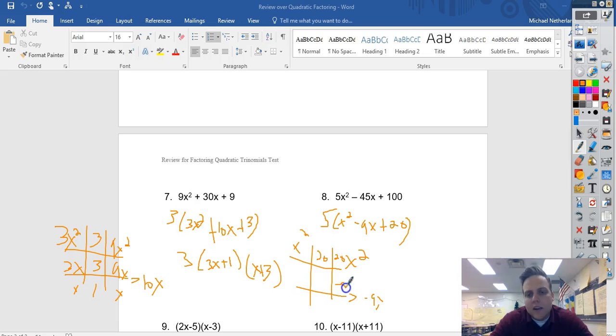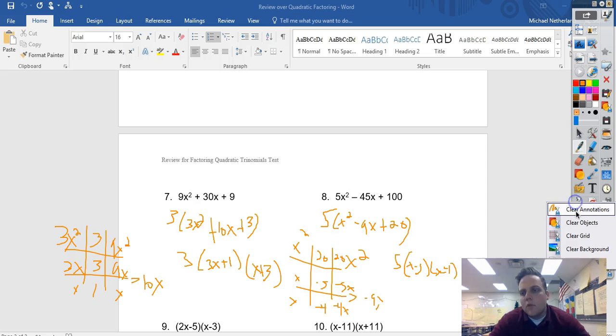Oh, you used negative 5x, sorry that took me long, and negative 4x. You saw that x squared and negative 5x have an x in common. X squared and negative 4x have an x in common. X times negative 5 is negative 5x. X times negative 4. Don't forget about little brother, so you write 5x minus 5, x minus 4. Boom, there's your answer.